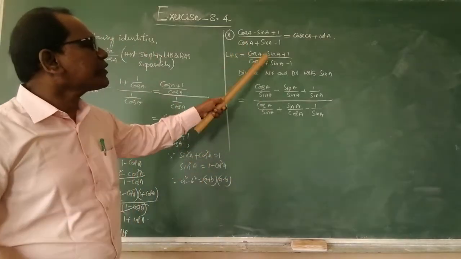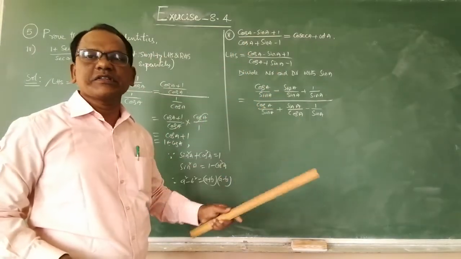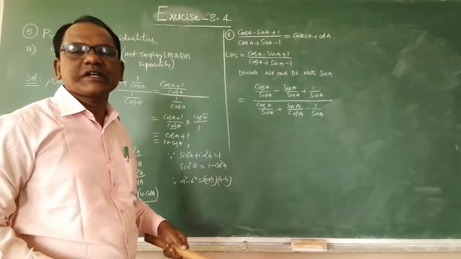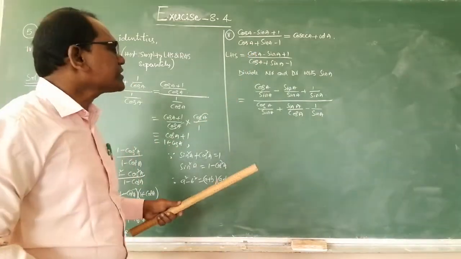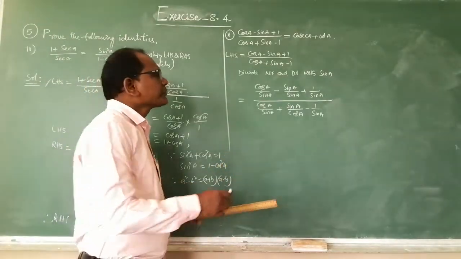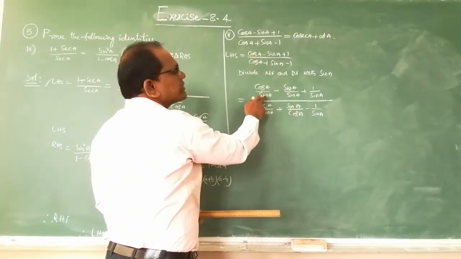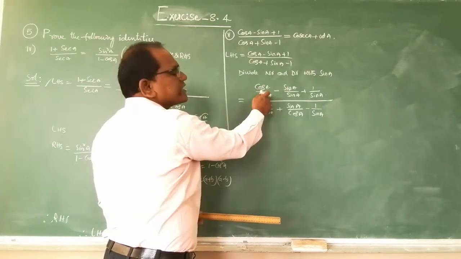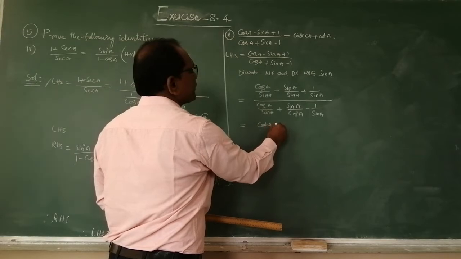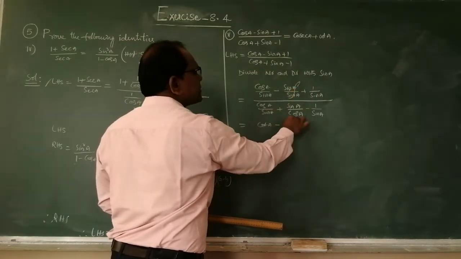That means in the given problem we divide numerator and denominator by sin A. This is very, very important. A related example problem is there, and I will give it in the WhatsApp group. It is very important for 5 marks questions this academic year. Cos by sin is cot A. Minus sin A by sin A cancels to 1.